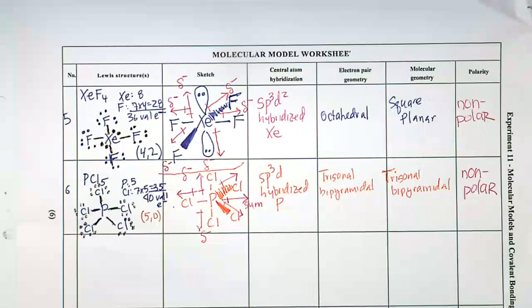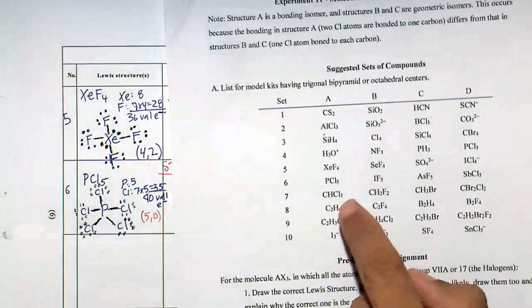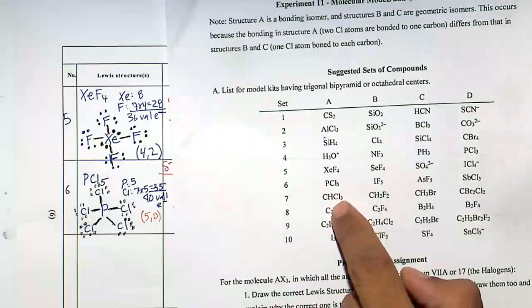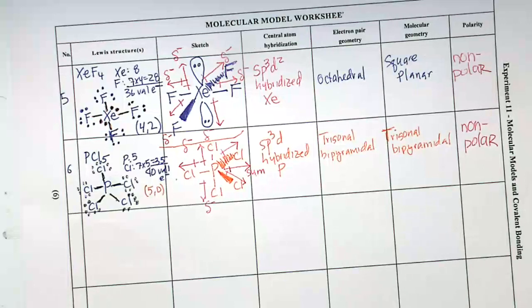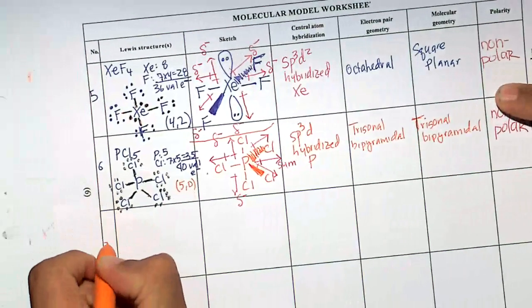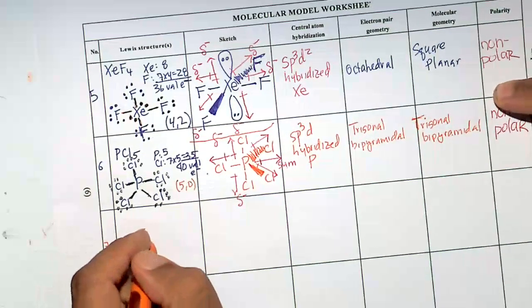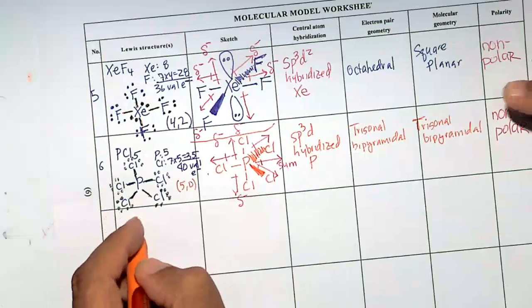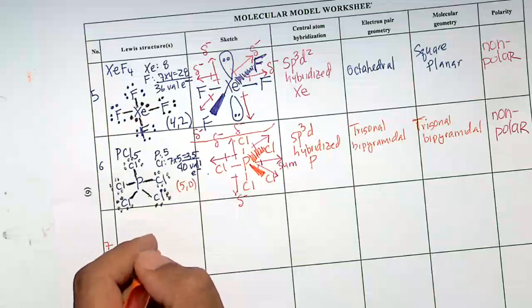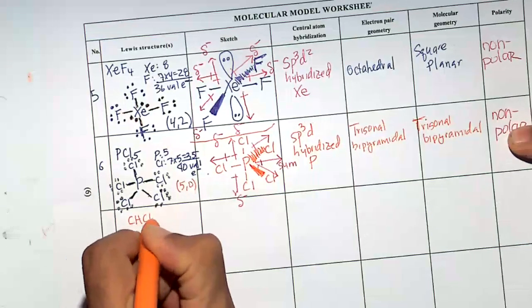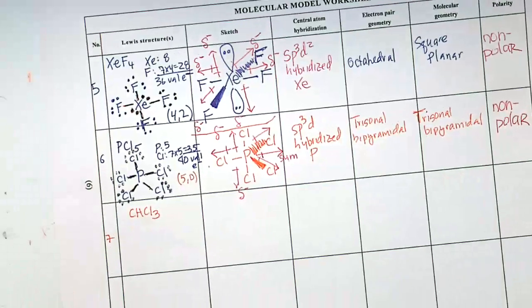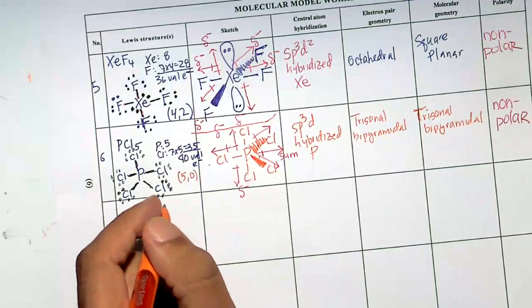All right, so we have 4 more of these to go. CHCl3. We have some of this in the lab. It's called chloroform.